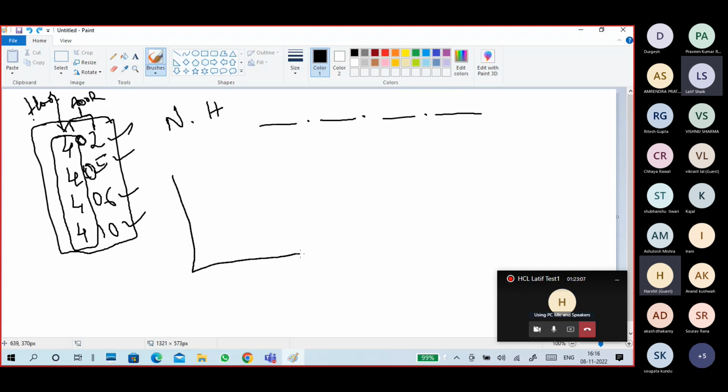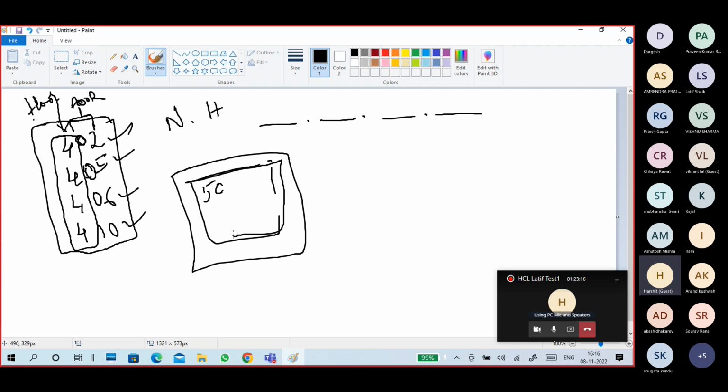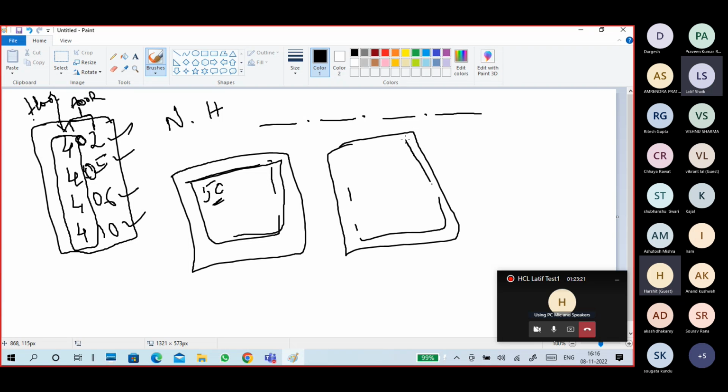For example, you have a room with 50 computers as a single logical network. And somewhere else you have another 50 computers in the same network, but the two groups are in different networks. You want to maintain these as separate networks logically, and you want to make communication between these networks, then you can use a router.